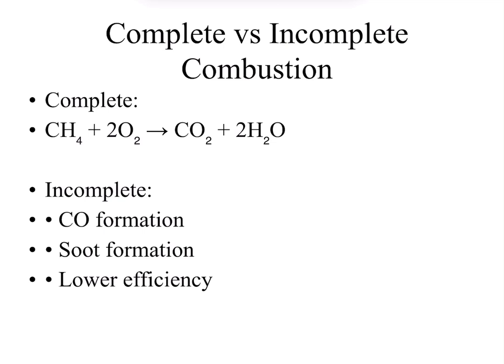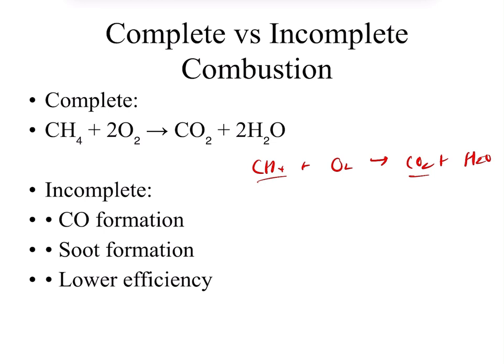So we have here CH4 plus O2, we will get carbon dioxide and water. But how many of it do we need? As you see, the carbon is enough, so we need to balance the oxygen and water.